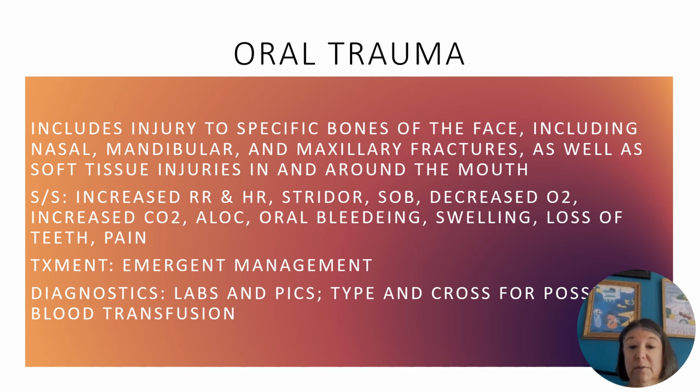Clinical manifestations: increased respiratory rate. Stridor, we're going to want to worry about stridor because what damage has been done to our esophageal area, and do we have inflammation going on? And of course, if we hear stridor, we want that emergency equipment at bedside because we're worried about that person being able to maintain their airway. We're worried about decreased O2 saturation.